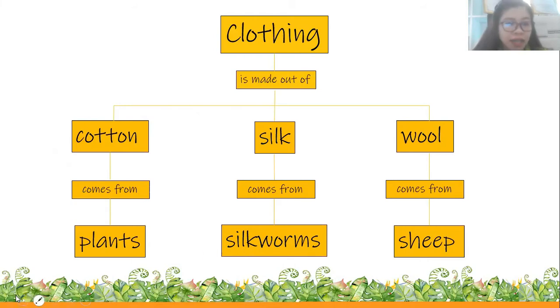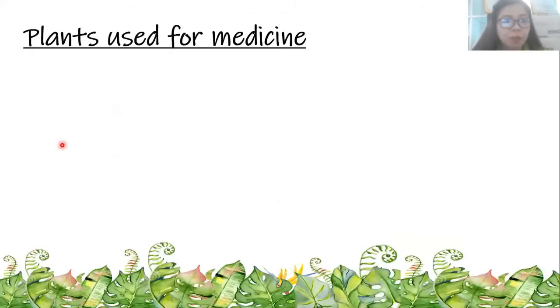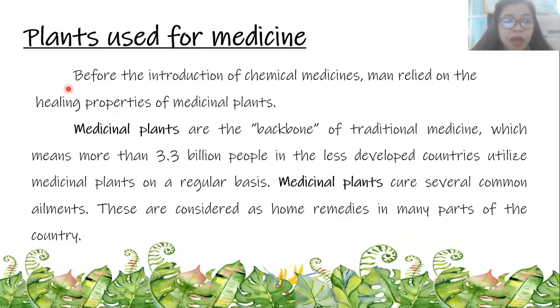Okay, so let's proceed. So we're done with plants and animals used for clothing. Let's proceed to plants used for medicine. Before the introduction of chemical medicines, man relied on healing properties of medicinal plants.